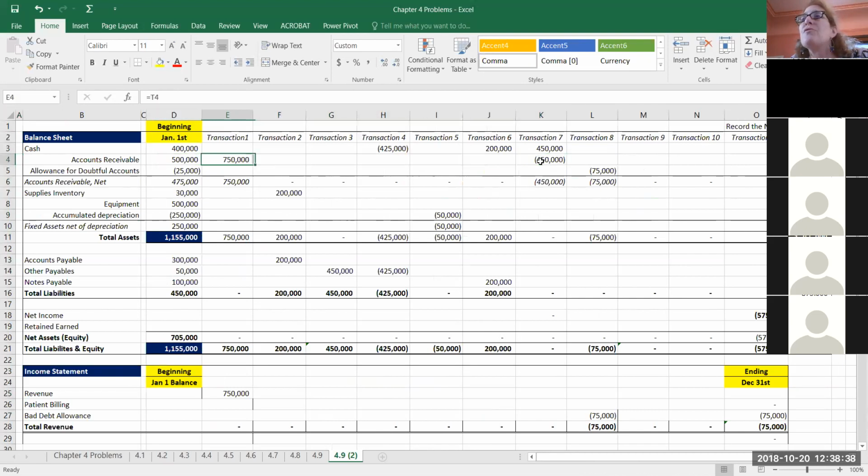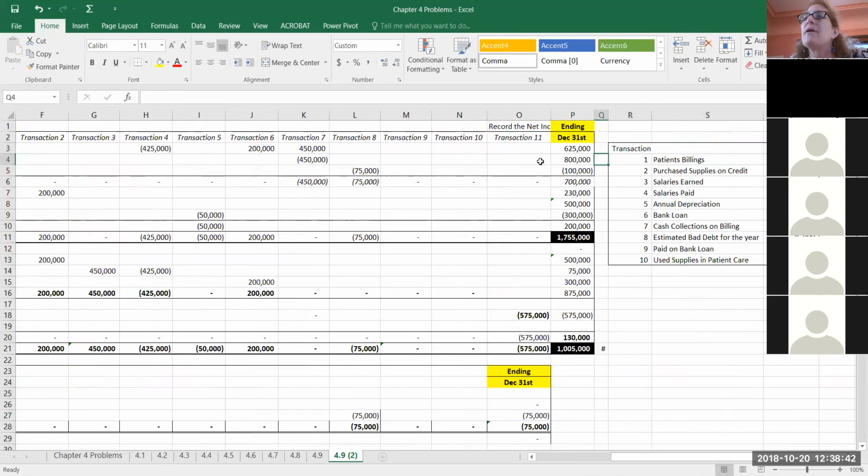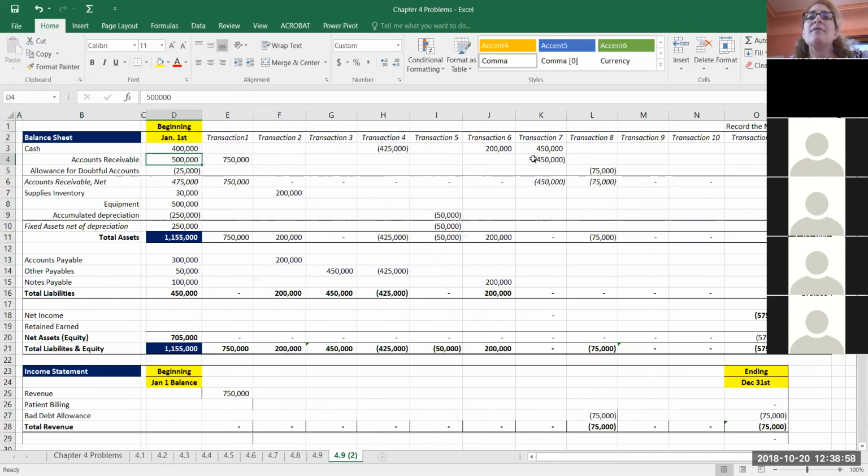So let's go over to our sum over here. We should see 800,000. There we go. So that's really what we're looking at, what is our ending balance once we net out all the collections we got. Hopefully, in reality, this number would be bigger. If we had that much sitting in our accounts receivable, we would want to see more of that collected.